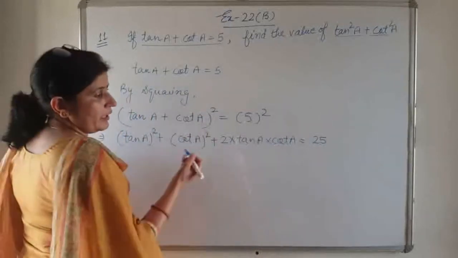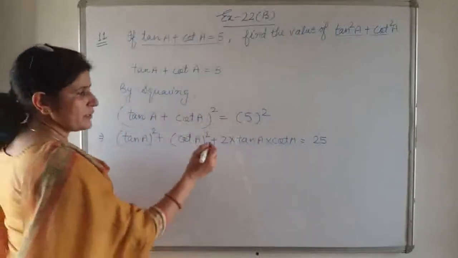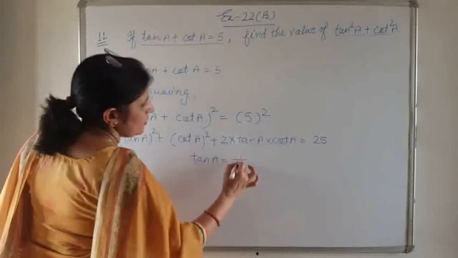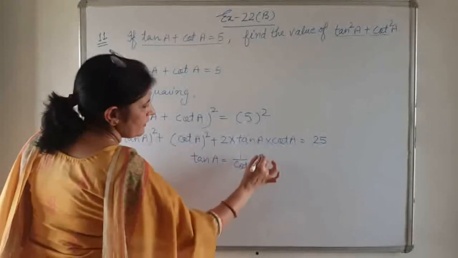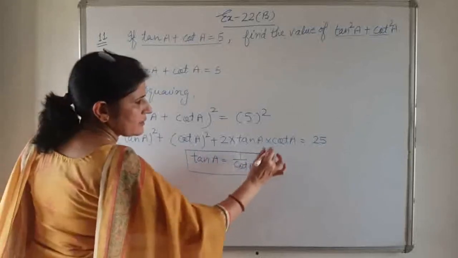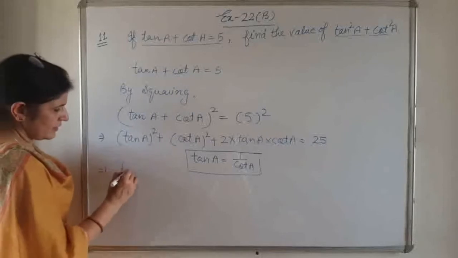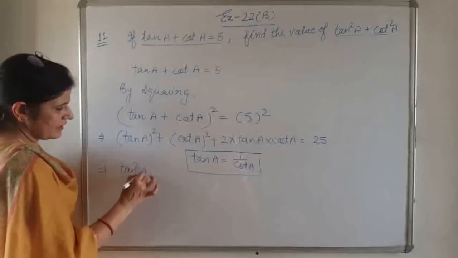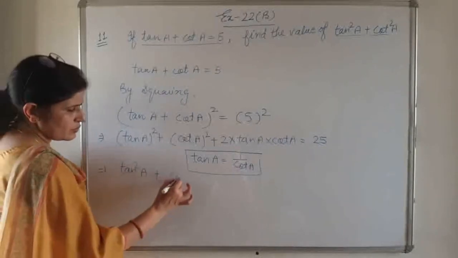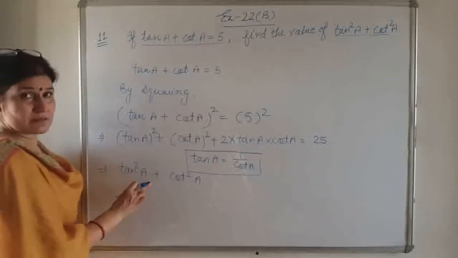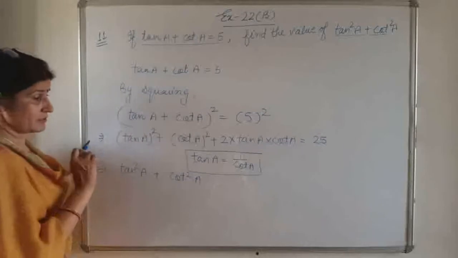Now, in reciprocal relations, I told you tan A equals 1 upon cot A. We can use this and substitute the value here. So, what we get? Tan square A plus cot square A. This square we will not take off the angles. Okay, we will take only this.